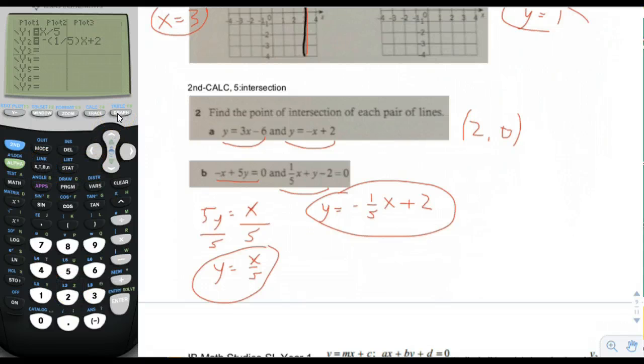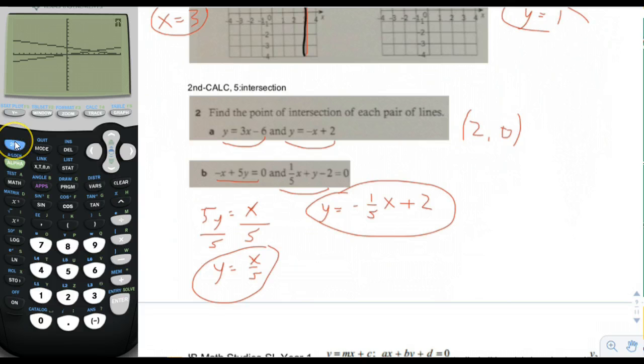And then we're going to graph it, and we're going to intersect them. So there's one of the lines. And then the other line, okay, it's going to intersect right about there. And then we're going to do second calc intersect to find that intersection.